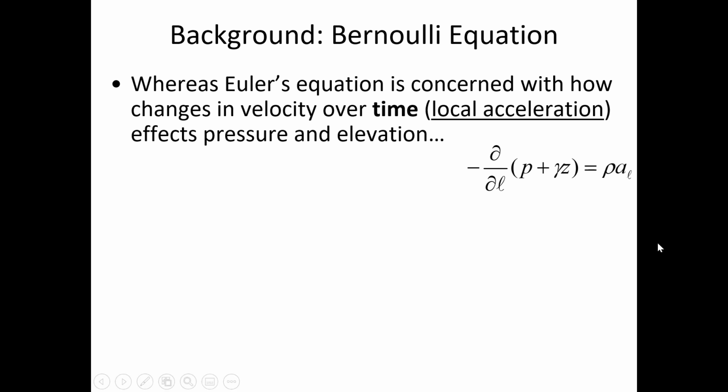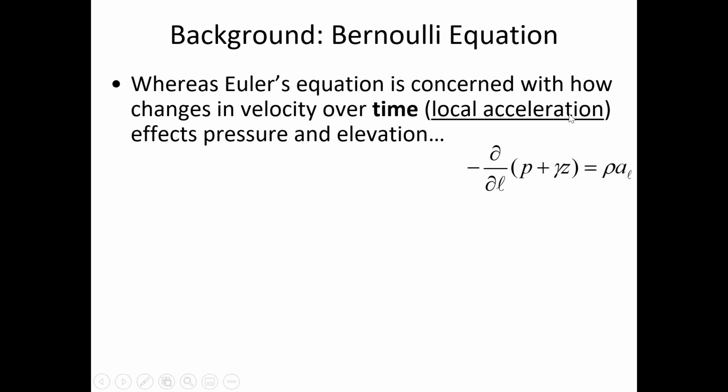Euler's equation was talking about how local acceleration changed pressure and elevation. And it could be either one of those things that's changing, sometimes both. If it's an open container that's being accelerated, then the liquid surface may be tilted as a function of how much acceleration is occurring.